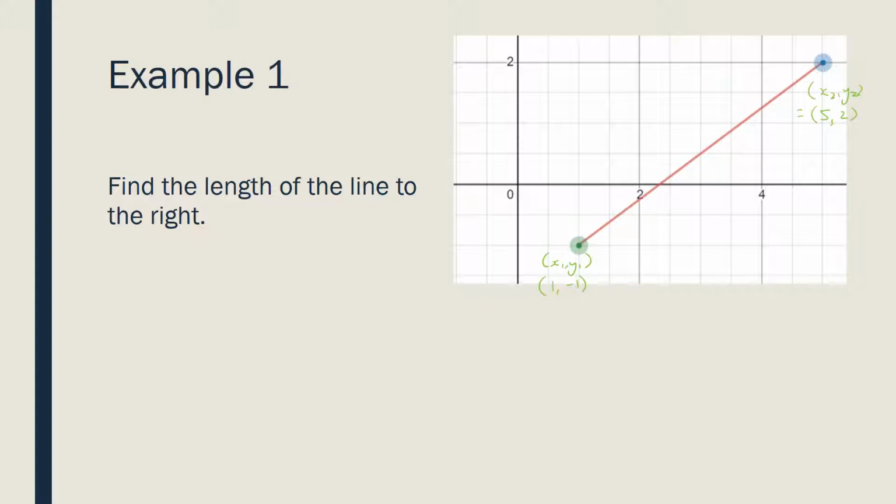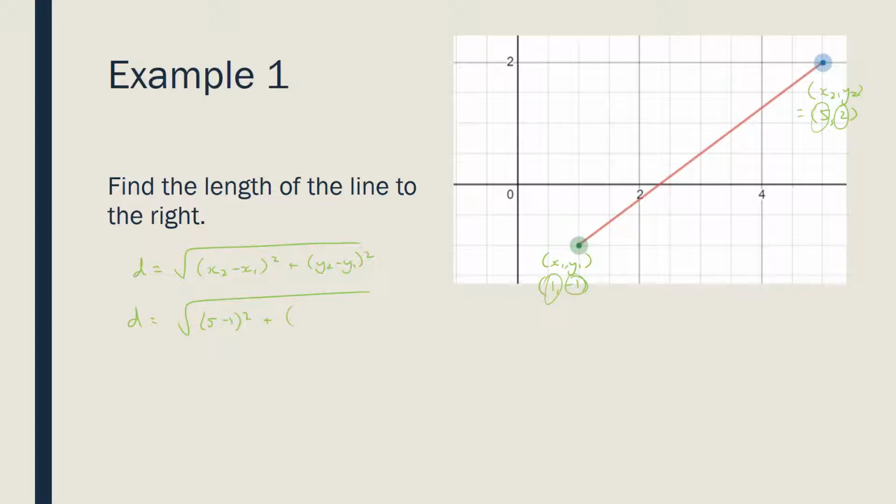Now we can use the formula, so d equals the square root of x2 minus x1 squared plus y2 minus y1 squared. Substituting our values in, we're going to get our x2, which is over here, the 5 minus 1. So we're going to get 5 minus 1 squared, plus, and then the y2, which is 2 minus minus 1.